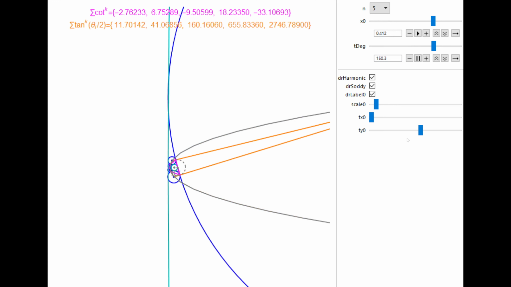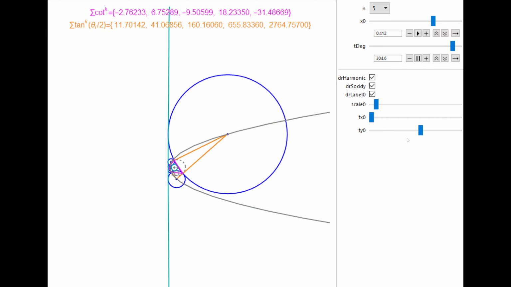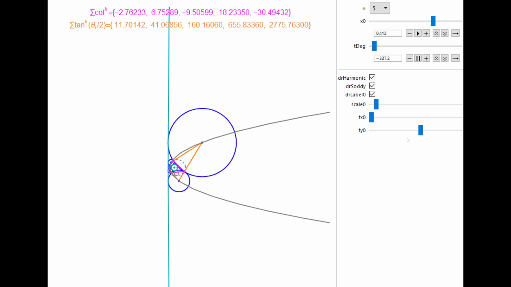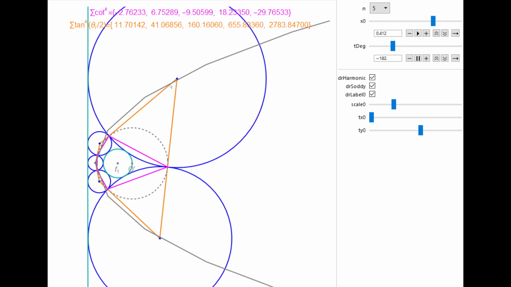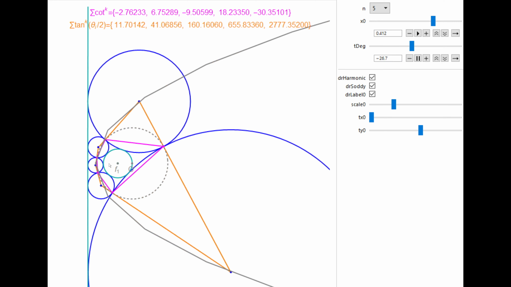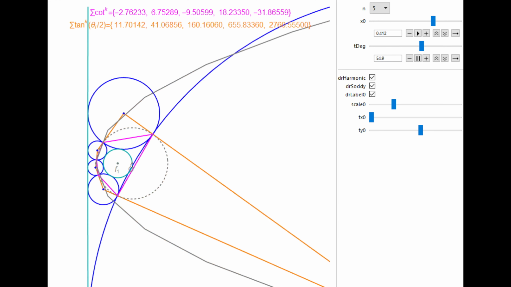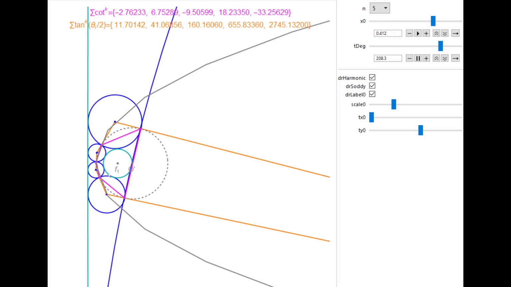The outer Soddy circle is now a straight line, and the straight line is parallel to what can be imagined here as the directrix of this parabola. The axis of the parabola is running through F1 and O prime, and F1 continues to be the center of my inner Soddy circle.